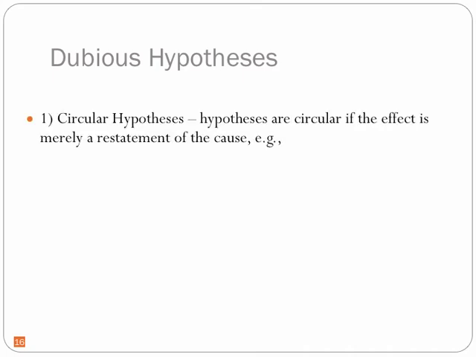So the first kind is called a circular hypothesis. That's where the effect is really just a restatement of the cause. Let me give you an example. Say you went to the doctor and you say, doctor, I just can't sleep. I haven't slept the last 3 days. I don't know what's going on. Can you figure out what's going on here?